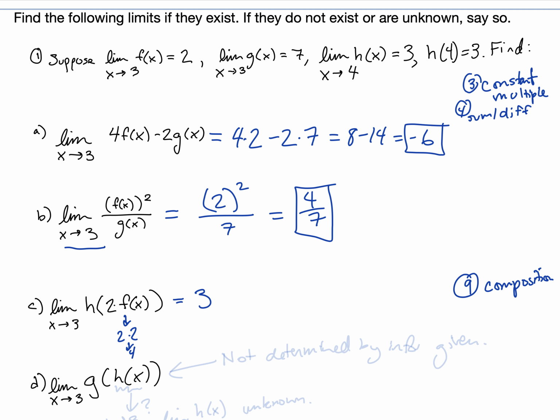For the next one, the limit as x approaches 3 of g of h of x. So as x approaches 3, what happens to h of x? Well, this is a situation where we don't know what happens to h of x. So we have to think about the inside first and then the outside.